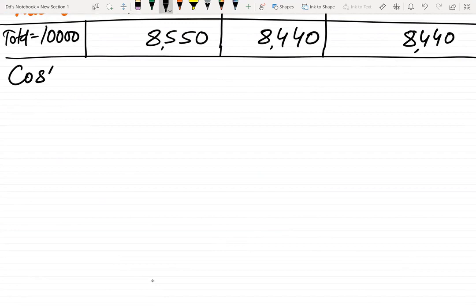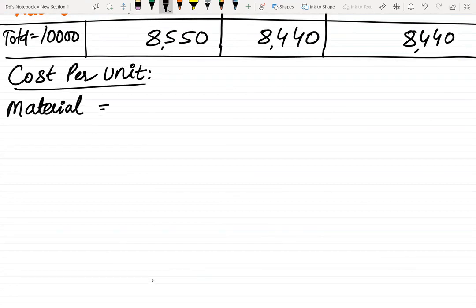Then cost per unit. First one, material. Remember, we are under the FIFO method. Therefore, you should not take last year's cost; you should take only current year material cost. How much is current year material cost? 1,20,000.